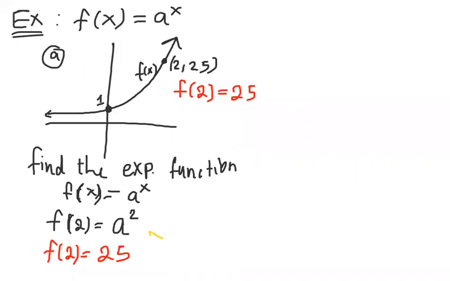That means from both of them, a to the 2 equals 25. That means a equals, what is a equal? 5. Why? Because 25 is 5 to the 2, such that both of them have the same power or exponent, so a equals 5.